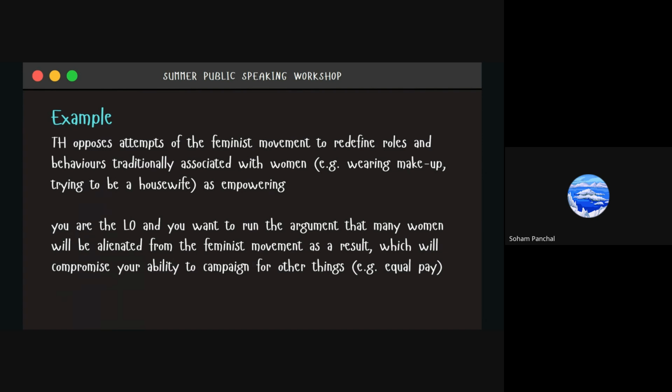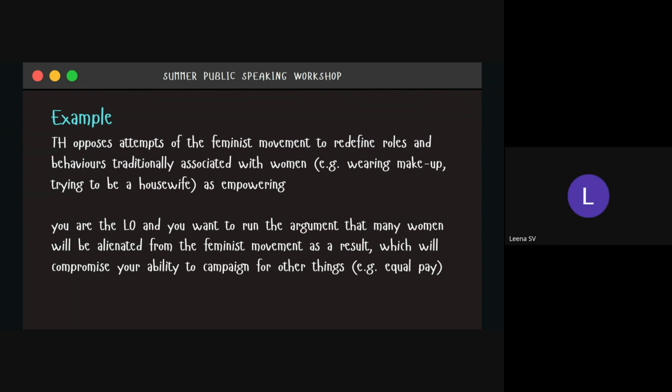The house would oppose these attempts, and now you are the leader of the opposition, and you have to run the argument that this will alienate women from the feminist movement. When women feel alienated, the feminist movement would not gain that much traction, and would not be able to campaign properly for the things they stand for, like equal pay in the workforce for women and men, or equal opportunities given to both genders in that manner.